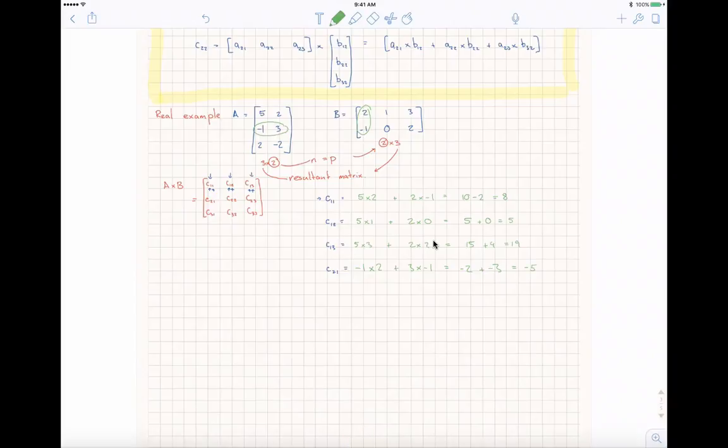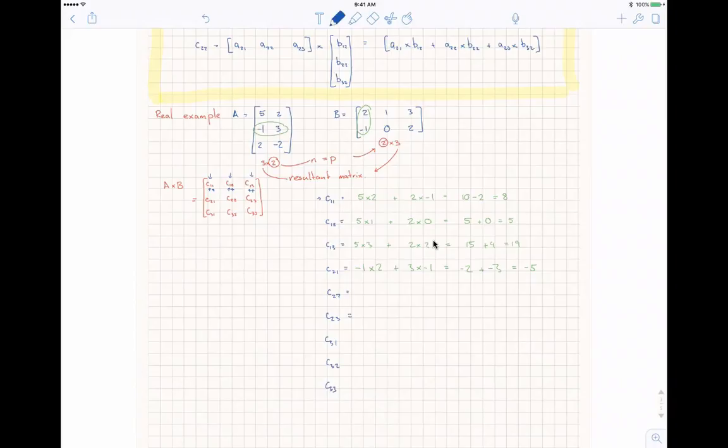So you can carry on that pattern. So you can find C2,2, C2,3, C3,1, C3,2, and finally C3,3. So for this first one, C2,2, you're multiplying row 2 by column 2.